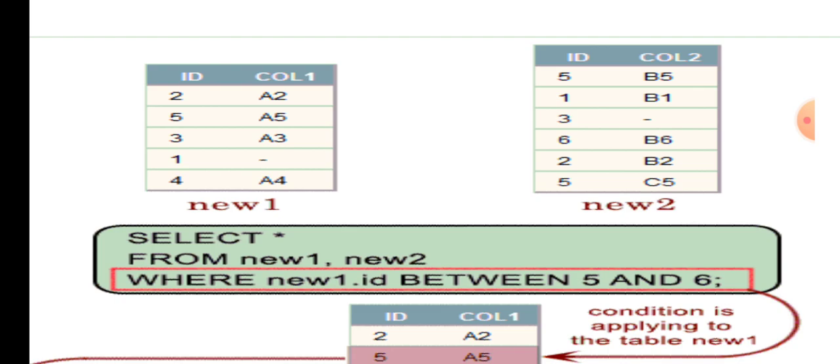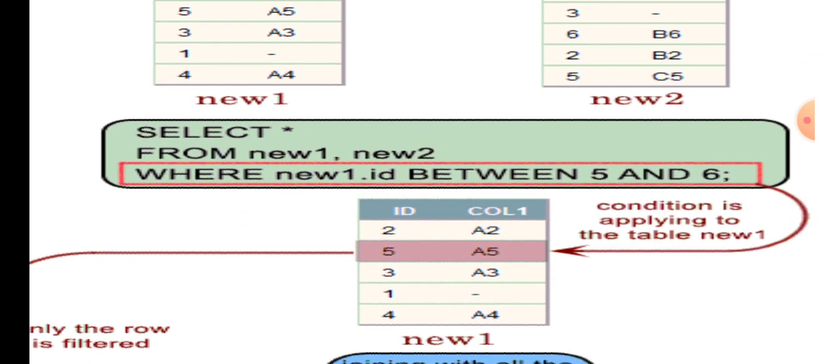Now if we want to join these two tables, see the command: select star, where star means all columns, from new1, new2, and we write a condition where new1.id between 5 and 6. It means that id is found to be between 5 and 6, including 5 and 6.